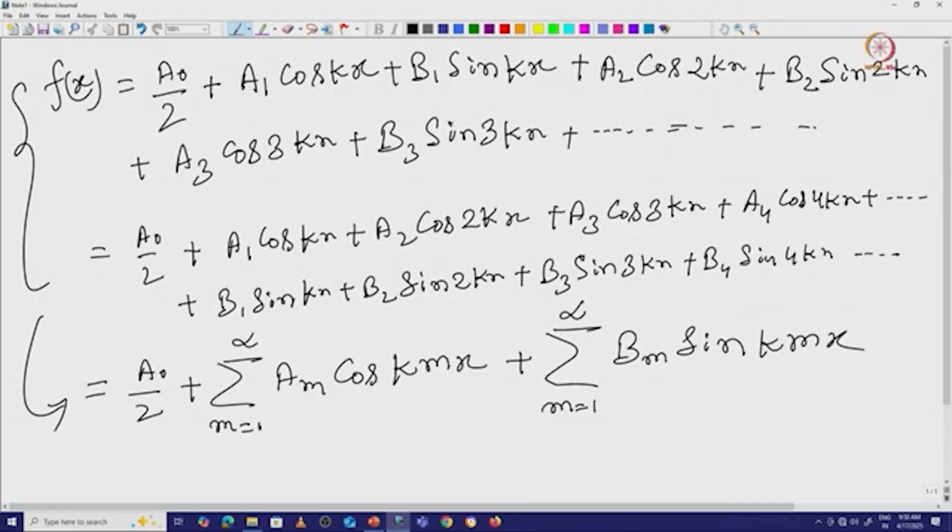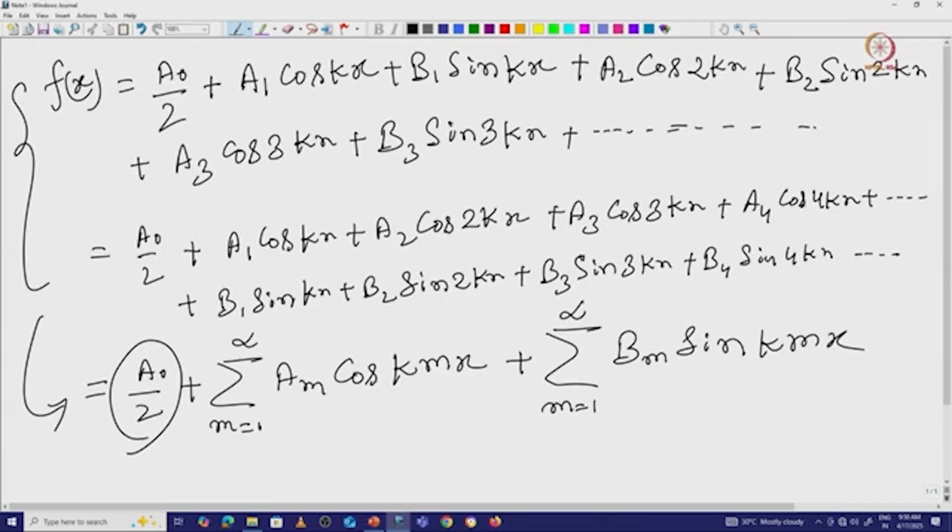So, where there will be a same amplitude, we will use this constant, and then we have a cosine function and sine function to represent any wave.